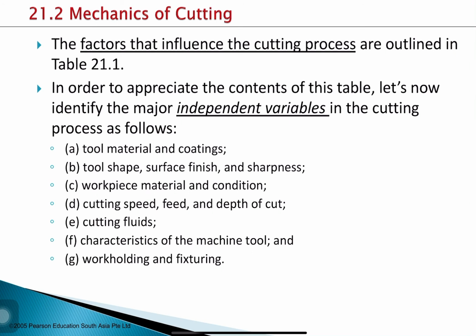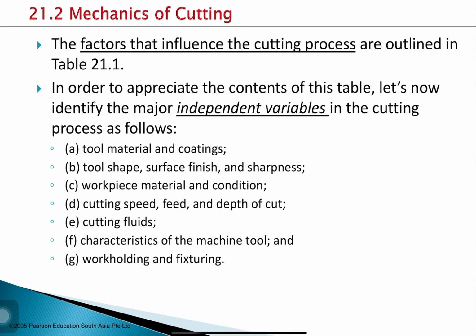Cutting speed, feed, and depth of cut are the variables that you need to remember. They are always there, and if you're using cutting fluids, for example, it will help manage the cutting tools as well as the surface finish of the workpiece.